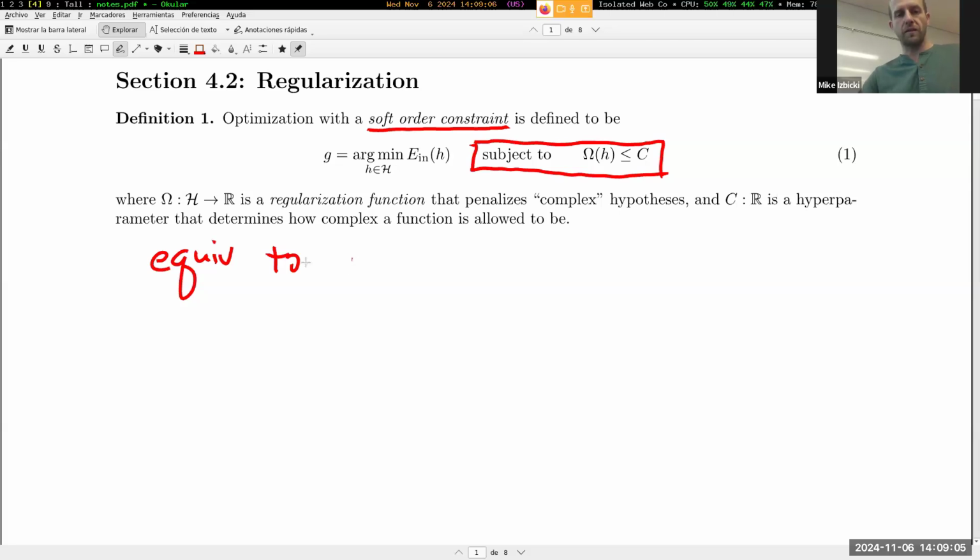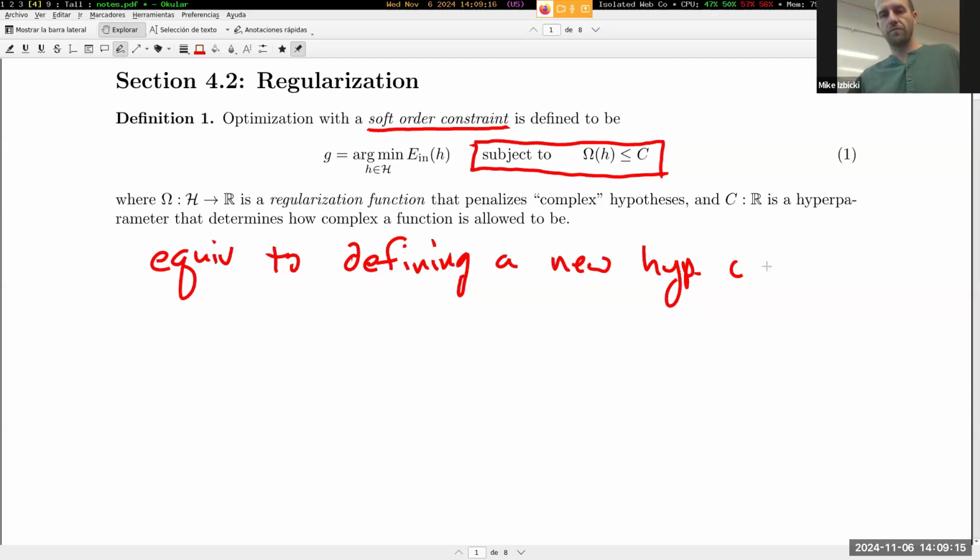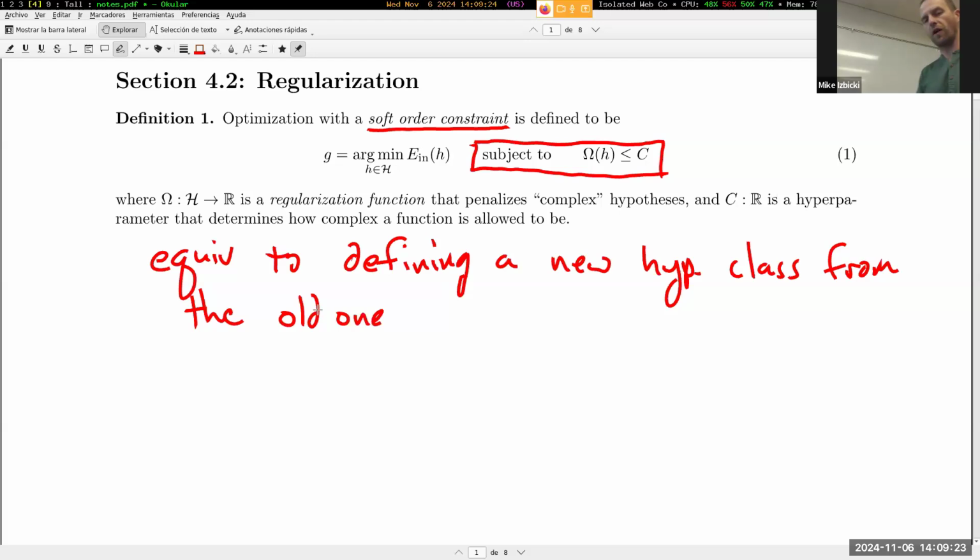This is equivalent to defining a new hypothesis class from the old one in the following way, which I'll explain. And I will use the perceptron as a concrete example.